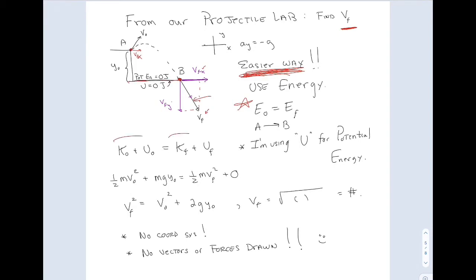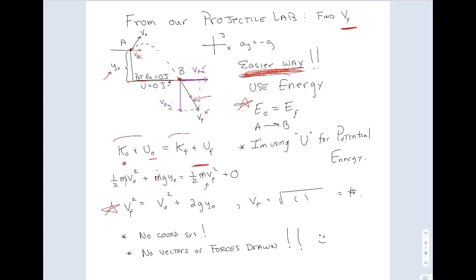Initial energy is kinetic, 1/2 m v0 squared. Initial potential is mg times the height. Remember from the lab, that height was called y0. Final energy at the floor is just kinetic, potential 0. So I can cancel out the m's, multiply both sides by 2, solve for v final, and take the square root.